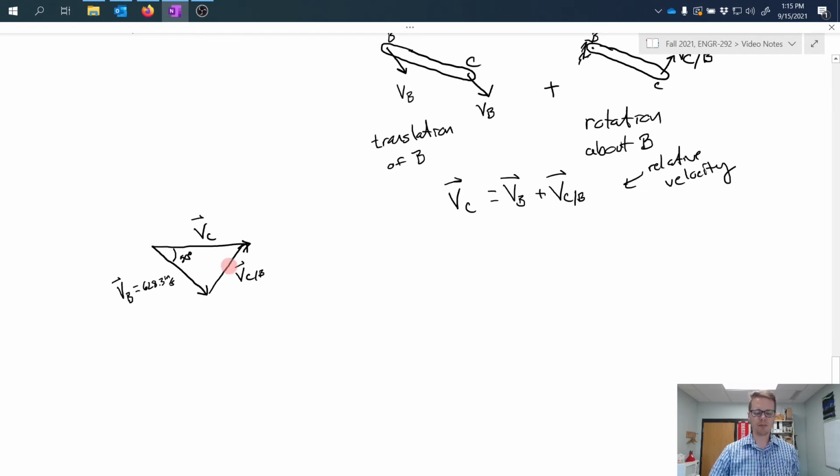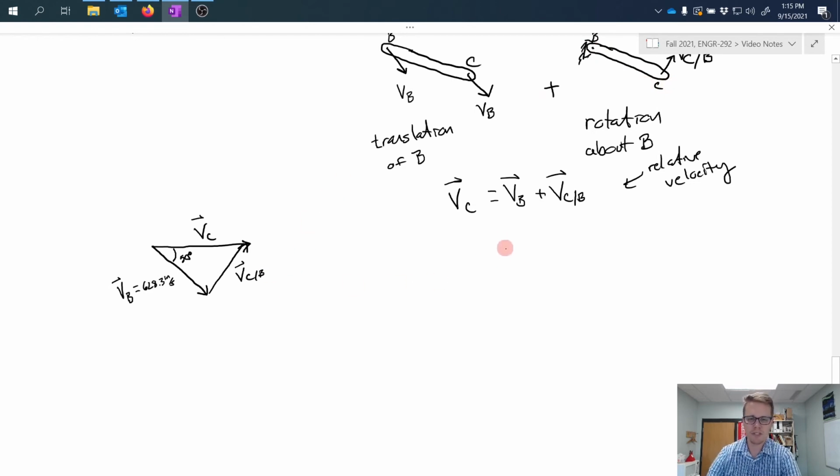I'm just using it as a visual representation to see what I'm doing. So one thing that would really help us would be some information about the orientation of velocity CB. So I want to know something about the orientation of this connecting member BC.